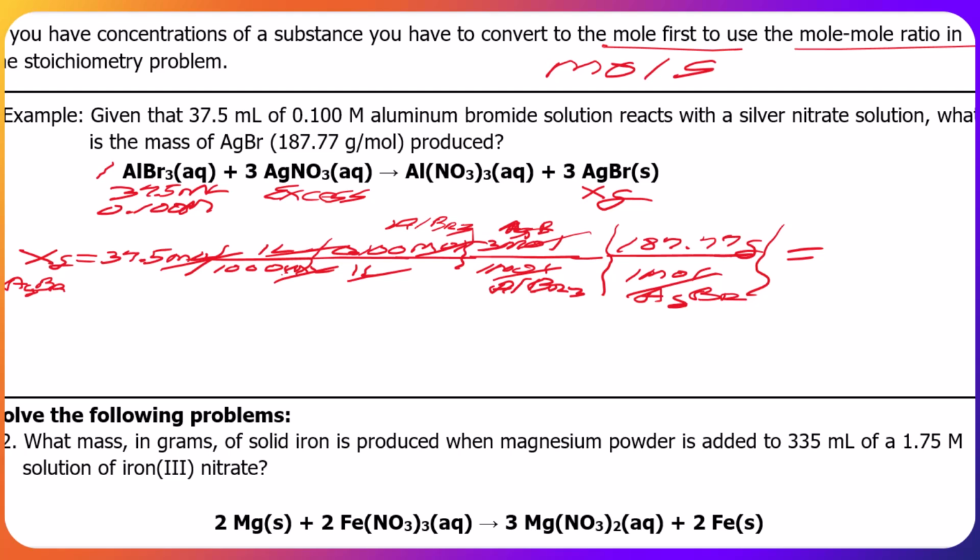37.5 divided by 1,000 times 0.1 times 3, divided by 1, times 187.77 grams. And that says, with 3 sig figs, 2.11 grams.